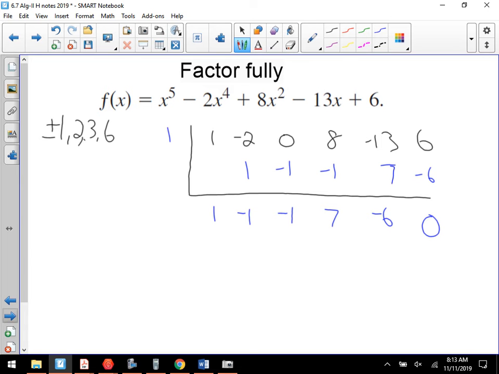I have a 0 at 1. Since this is a higher degree problem, what should I do with that 1 right away? Try it again. Always check it again and see if there's multiplicity. Doesn't hurt.